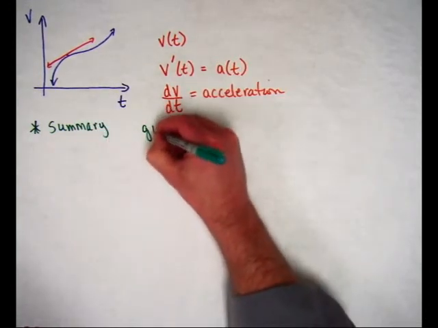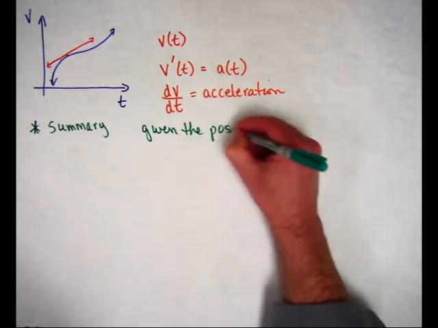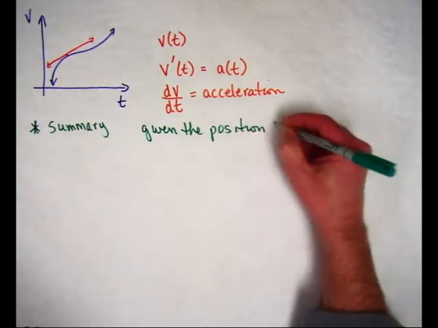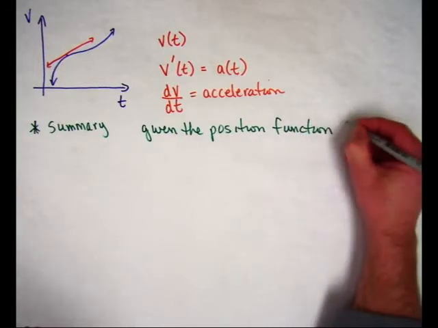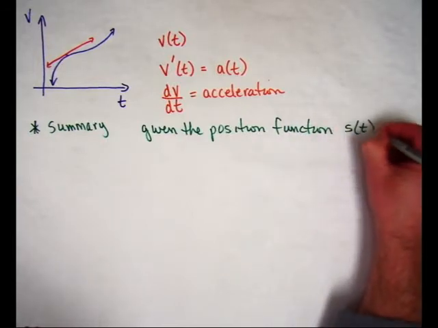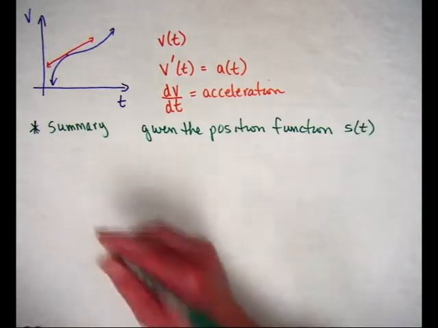If we're given the position function s of t of some object, then using the concept of a derivative, we can analyze the velocity.